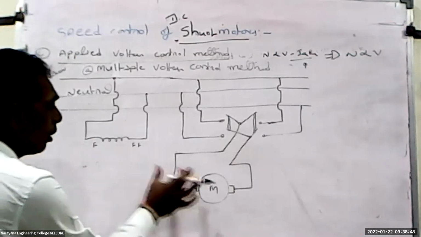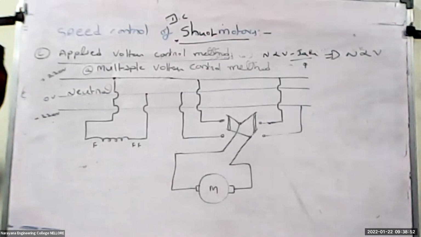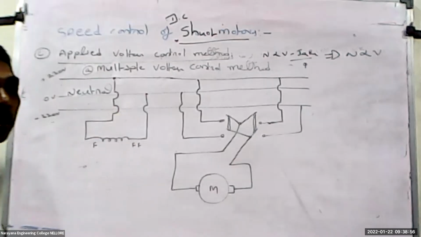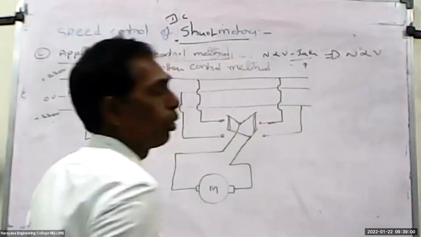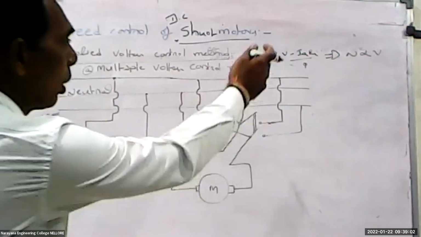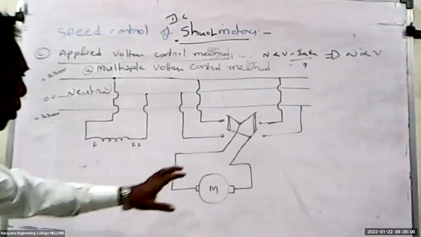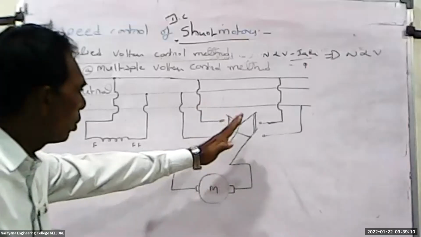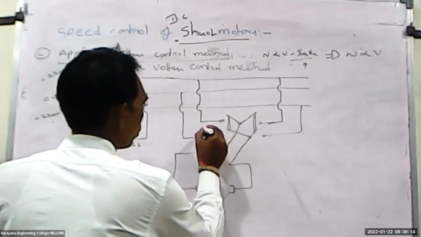So the shunt field winding means the field winding is connected across the motor, so it is called a shunt motor. Now we have to control the speed of the motor by using voltage. Suppose we are connecting the motor to this one. This one means 230 volts.